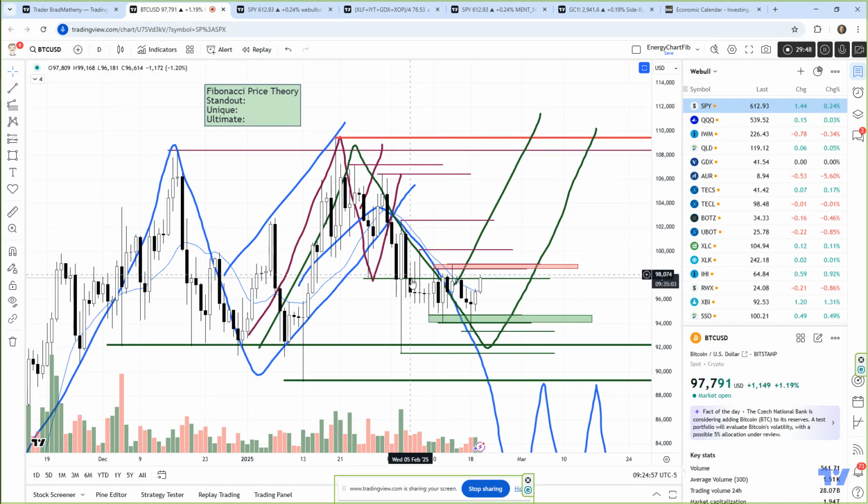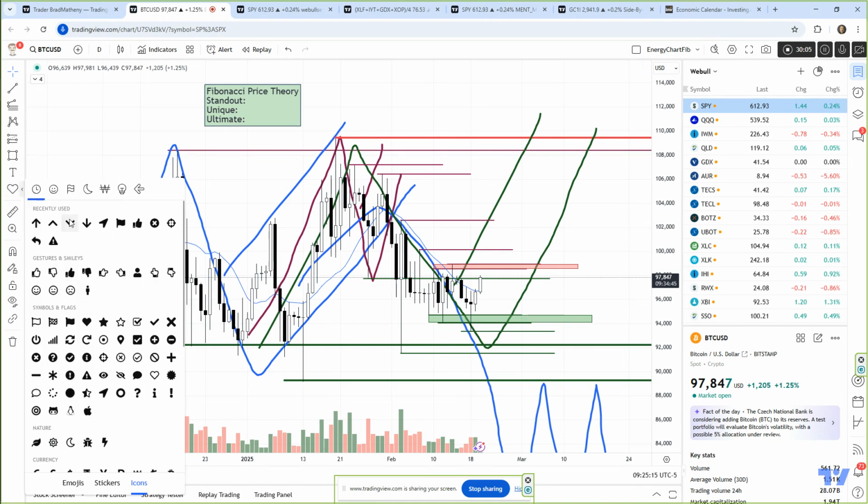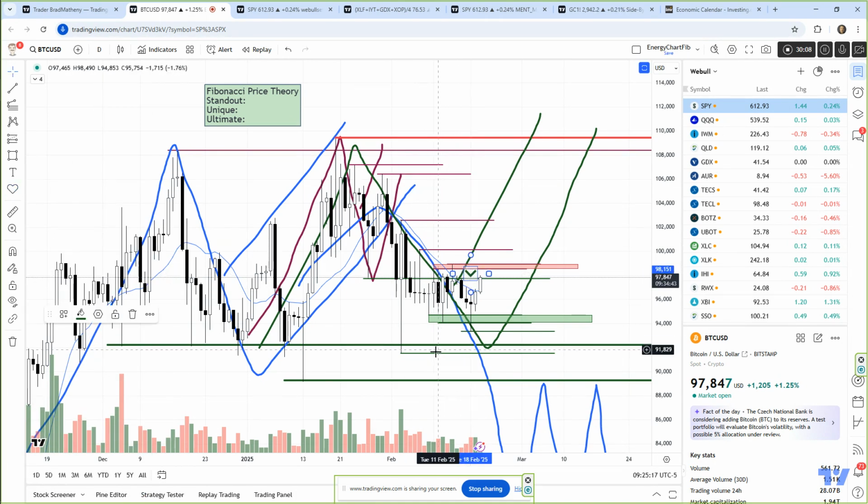So our last breakdown was a breakdown here of this level, moving all the way down to here, which set up this low. We then had no other fractal lows except for right here. We broke down and we broke down. So in theory, folks, right now we are in a breakdown mode here, and we are in a breakdown mode because of this bar. So we are technically in a bearish standout.